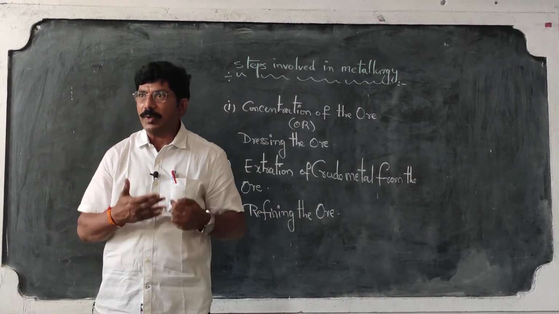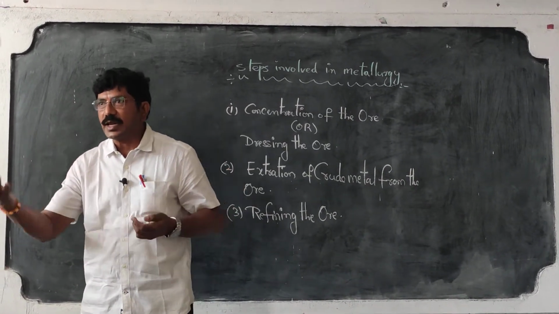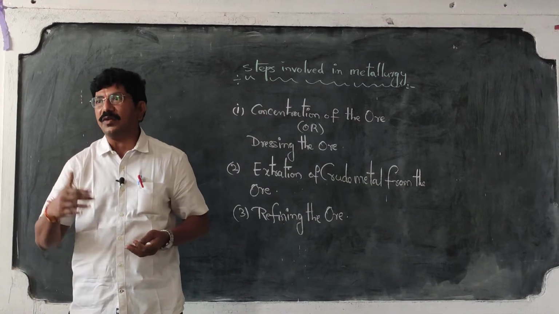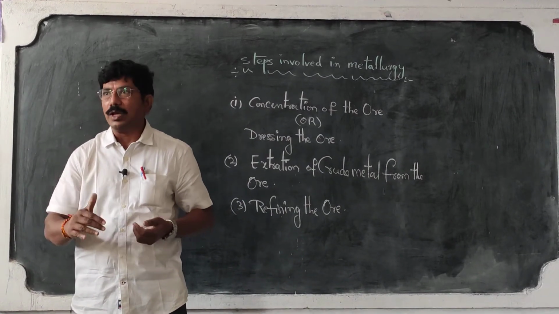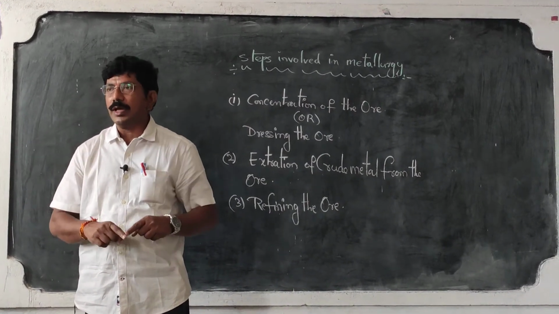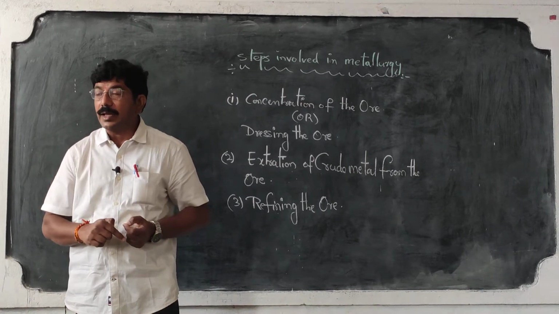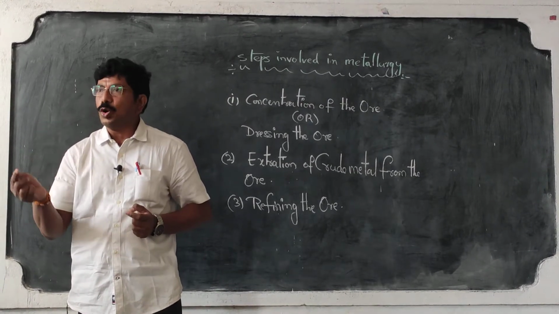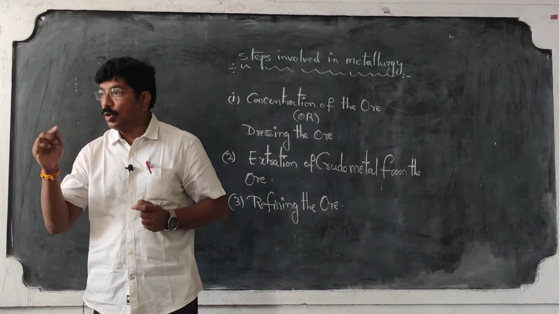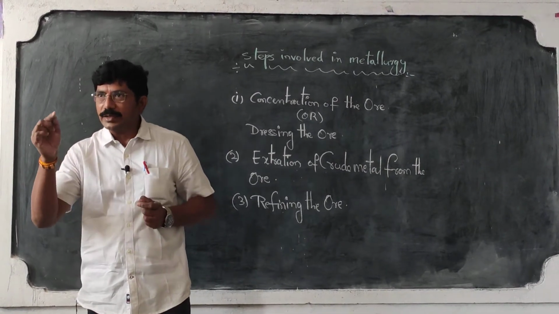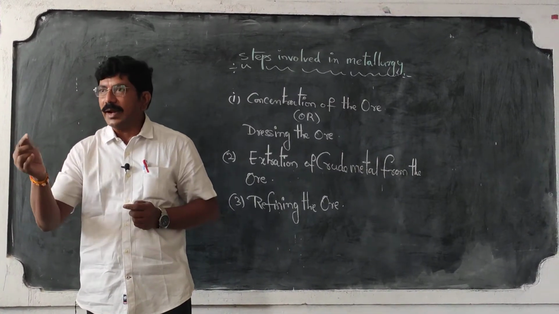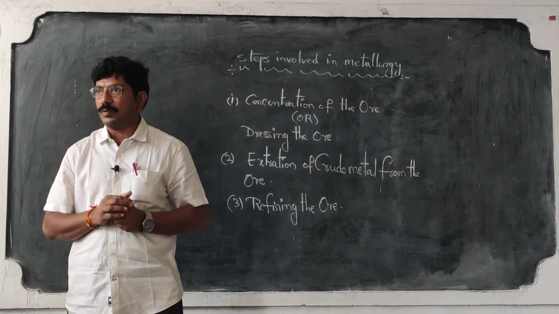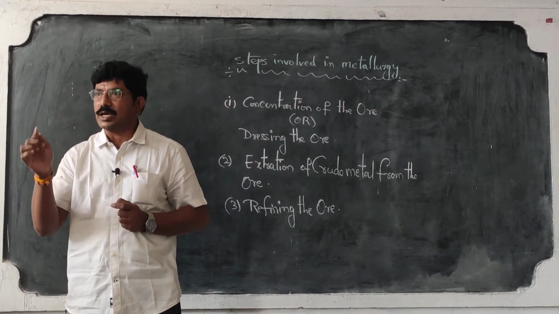We are choosing the mineral from which we can extract the metal more economically and profitably, at less time and at a cheap cost. That is considered as the ore.